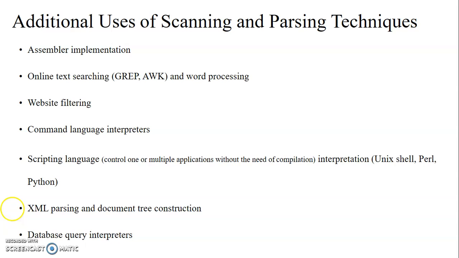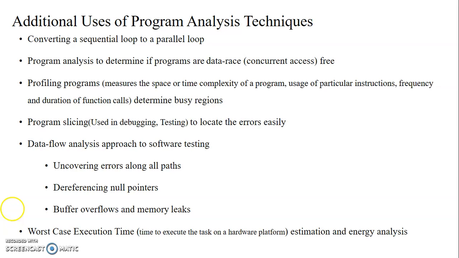So that kind of language is called a scripting language. Scripting language interpretation also uses the scanner and parser, XML parsing and document tree construction, and database query interpreters. All these domains use the scanner and parser to construct the tokens and syntax tree respectively.